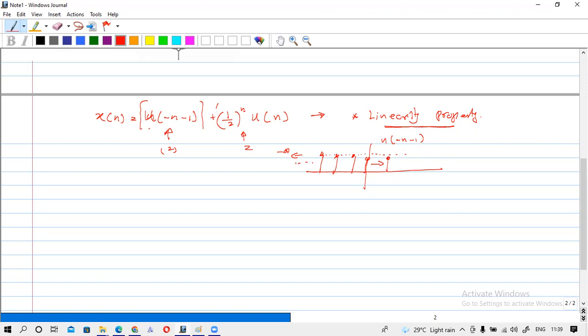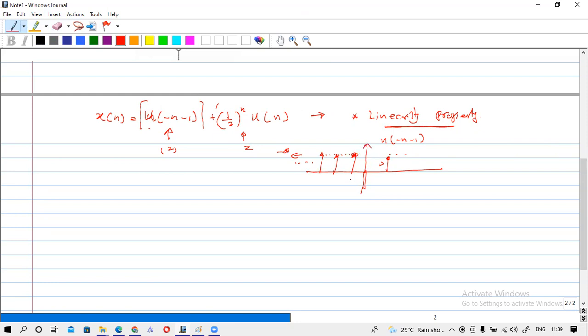Now for the time reversal, we have to take the image across the y-axis, so when this is minus, it will be shifted this way. So you will start from here.